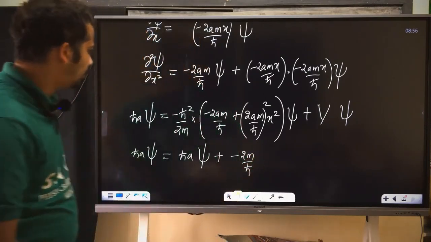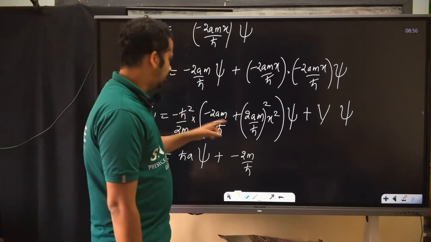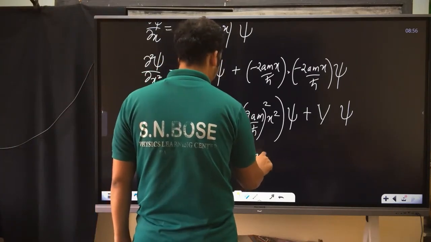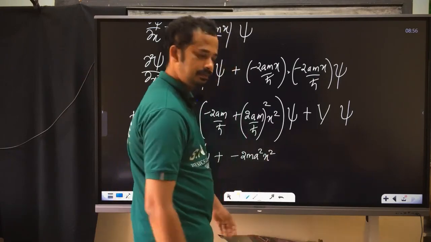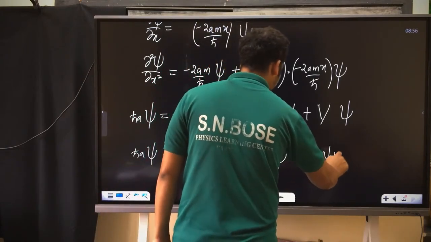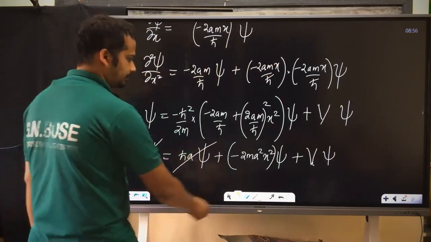Sorry, h bar square got cancelled, so 2m a square x square into psi, plus V into psi. This got cancelled actually.